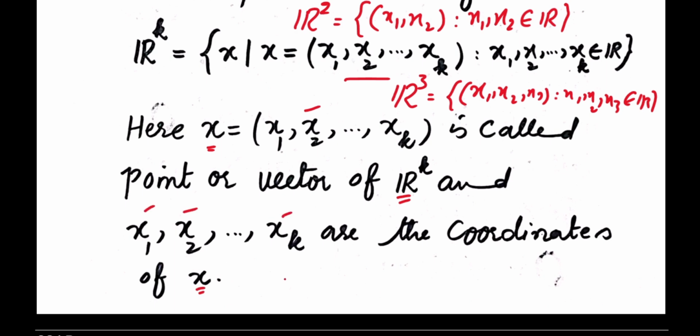This is similar to plane geometry, when you write a point P with x1 and y1, then x1 and y1 are both called the coordinates of point P. Similarly here x1, x2 up to xk are the coordinates of point x.